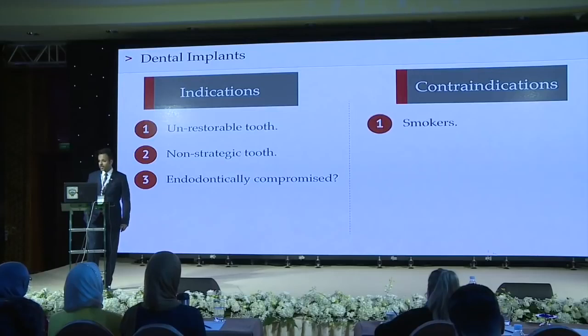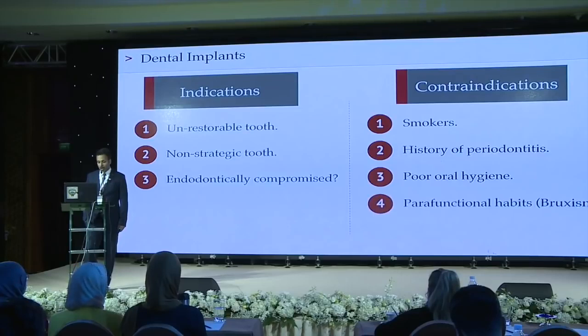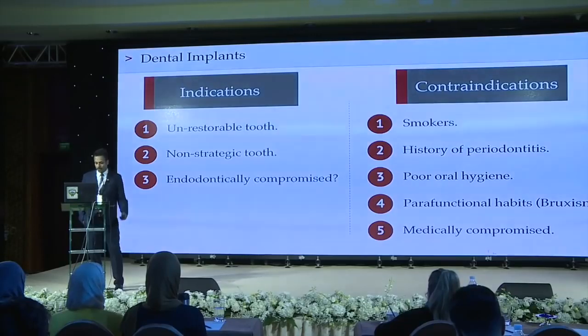Implants are contraindicated with smokers, with patients who have a history of periodontitis, poor oral hygiene, parafunctional habits, basically occlusal trauma, which cause failure of implants, or patients who are medically compromised, such as type 2 diabetes or type 1 uncontrolled, patients who had radiotherapy, etc.